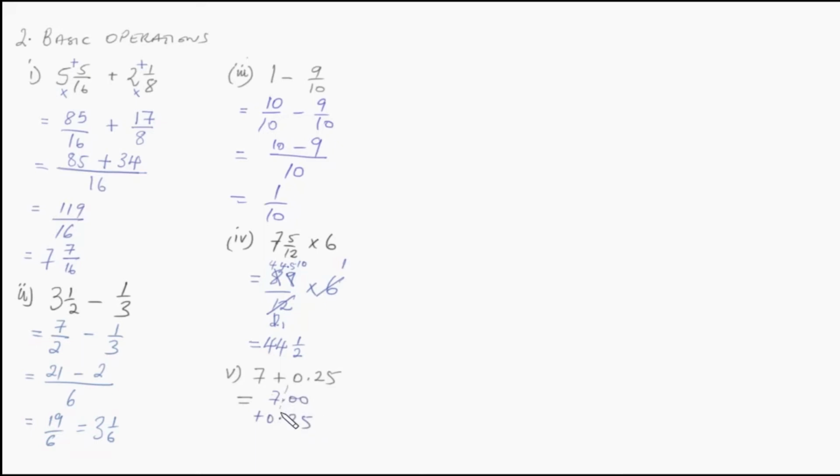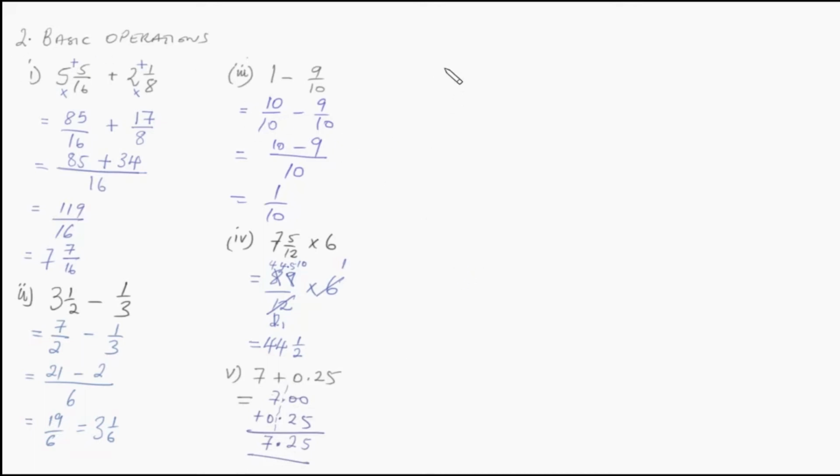You align the decimal points to keep the place value: units, tenths, hundredths. You add the hundredths together, you get 5. The tenths together, you get 2. The units together, you get 7. So the answer would be 7.25. That is the easiest approach.